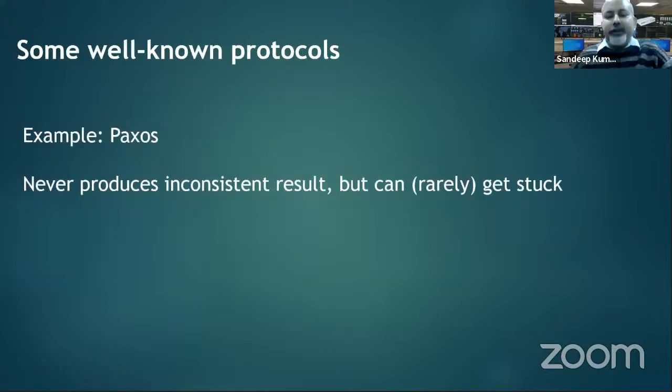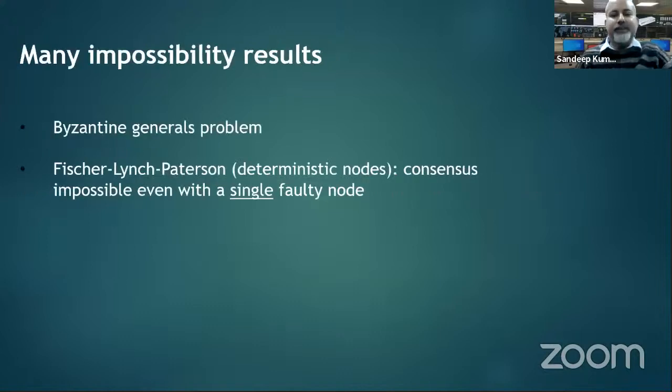But there are well-known protocols in distributed systems. Many of you have heard of things like Kafka. These systems also have a consensus problem, and they usually solve it by a protocol called Paxos. Paxos goes around what Fischer, Lynch, and Paterson decided, which assumed that the nodes will be deterministic, with no random number drawing or anything.